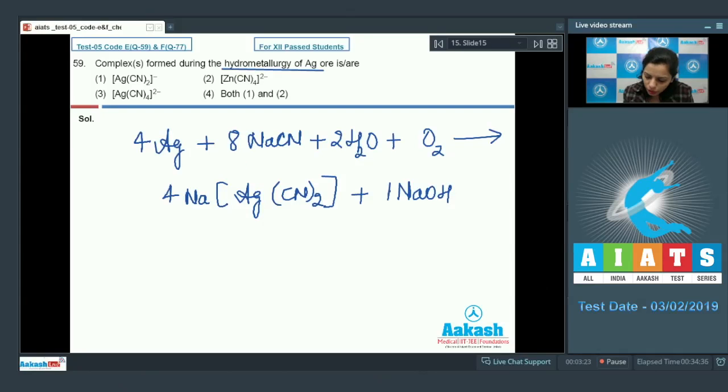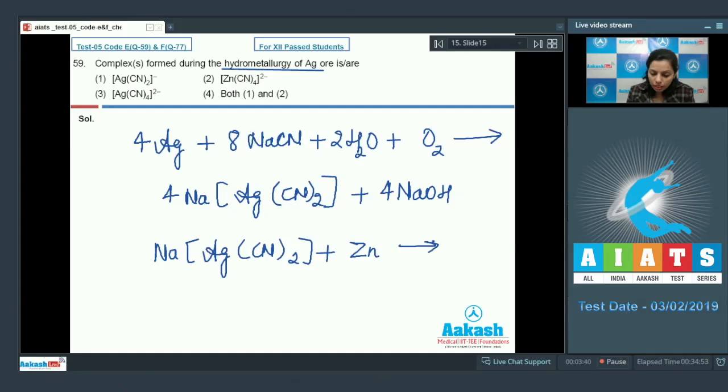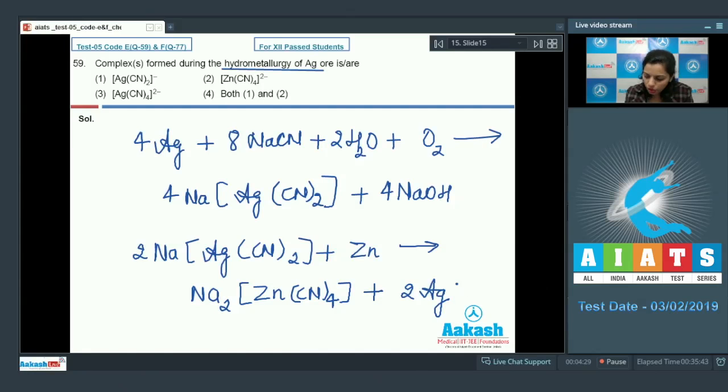This is the balanced equation that's taking place during the process of leaching. And now when this obtained complex is treated with some more reactive metal like zinc, then there's the formation of another complex. Now this time the complex of zinc is formed. So the silver you will obtain here.